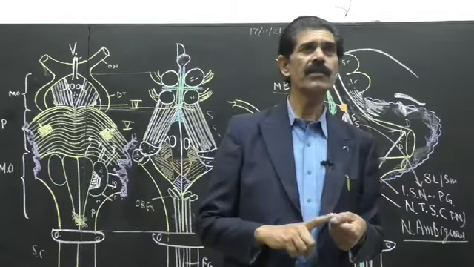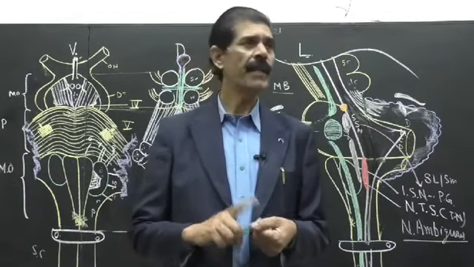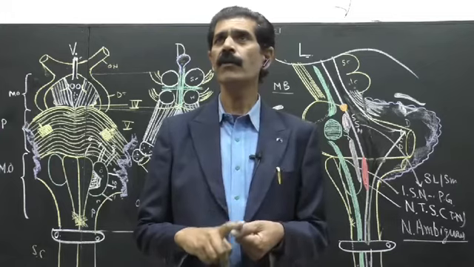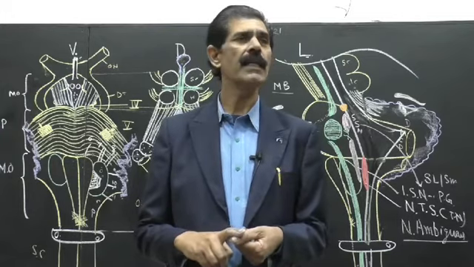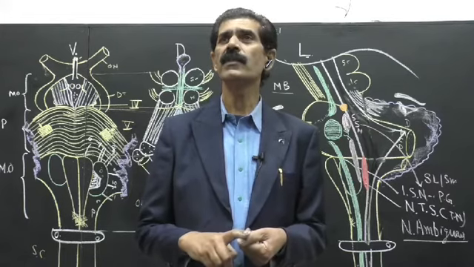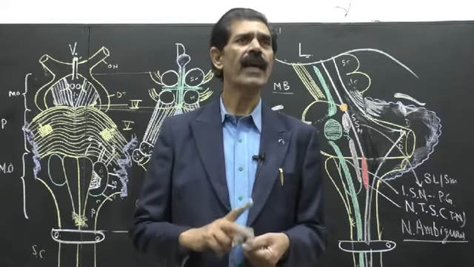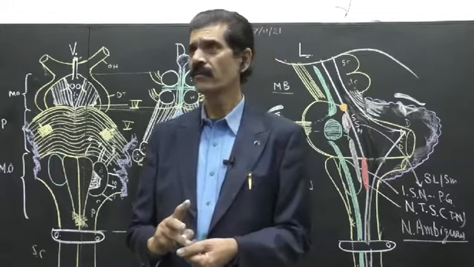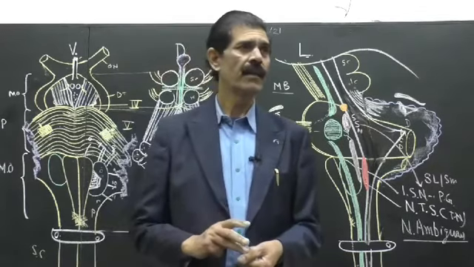Nucleus ambiguus is situated in the upper medulla, deep inside. It is the motor nucleus for the muscles of the larynx, pharynx and palate.